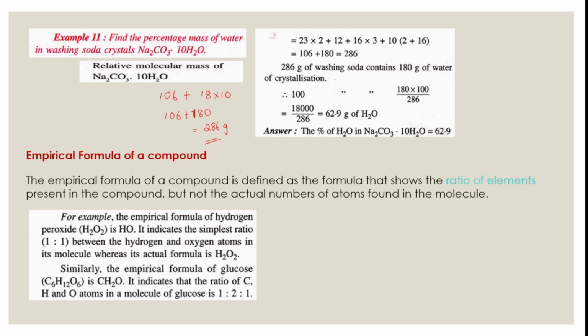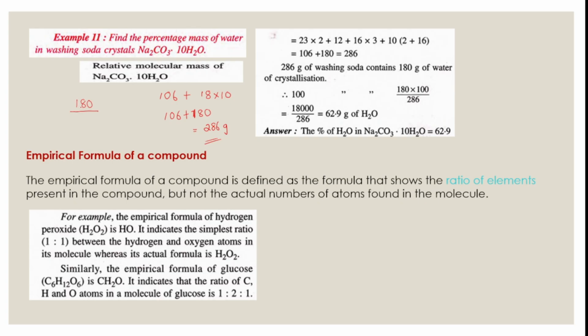Now we have to find out what is the percentage mass of water in washing soda. Percentage of water, isn't it? So we have to find out using the formula the mass of the element that we have to find out. 180, isn't it? 180 is the molecular mass of water.